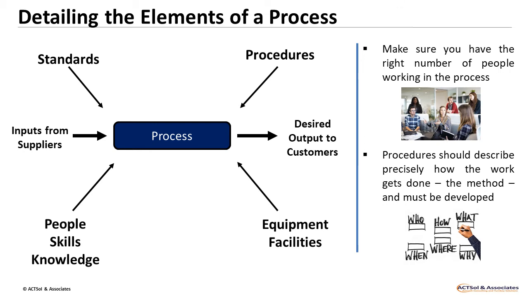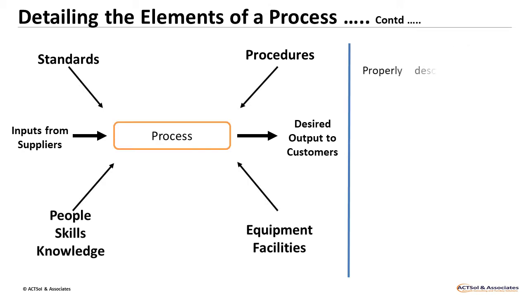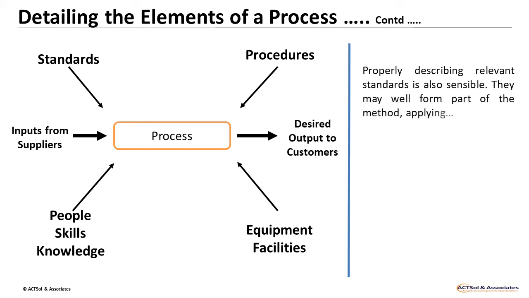Importantly, they should be simple to follow and understand. Properly describing relevant standards is also sensible. They may well form part of the method, applying, for example, to regulatory requirements or service level agreements that need to be followed. Like procedures, the standards should be documented in an easily accessible manner.